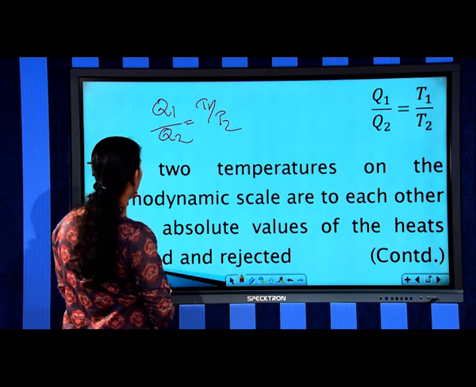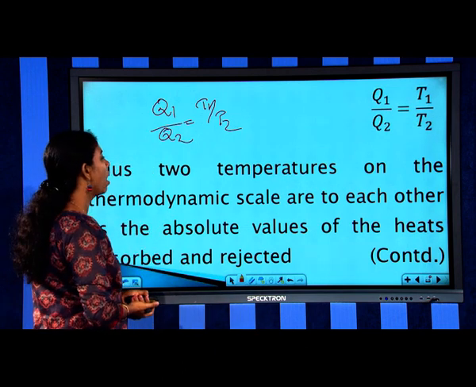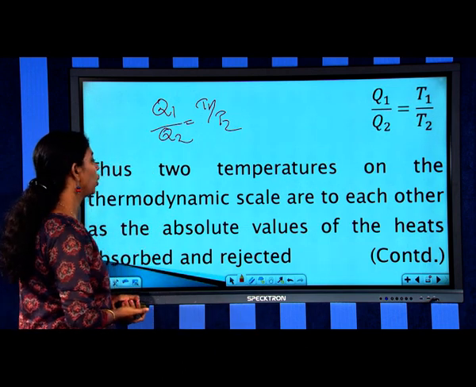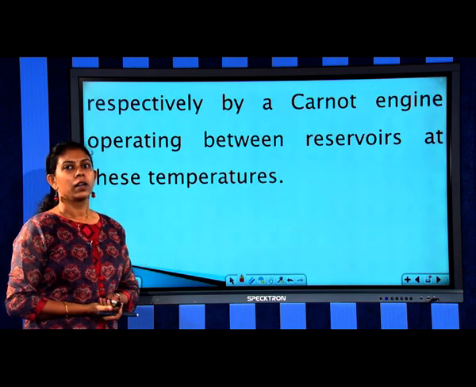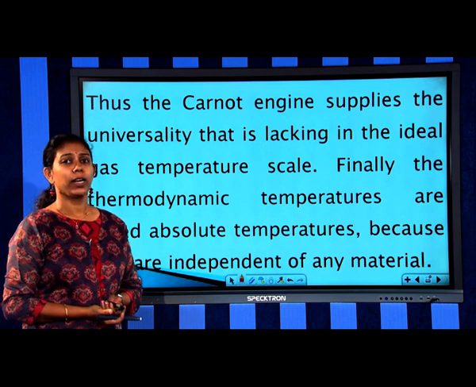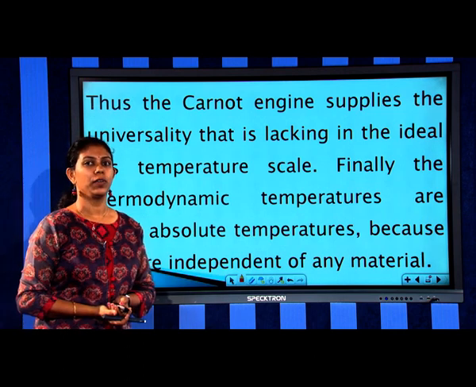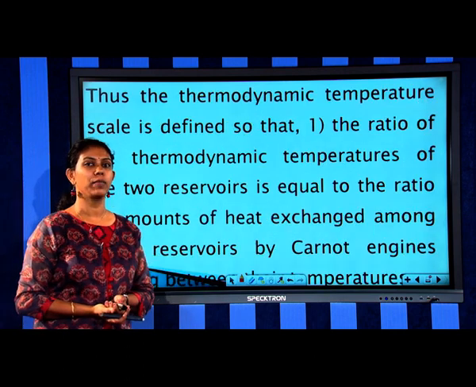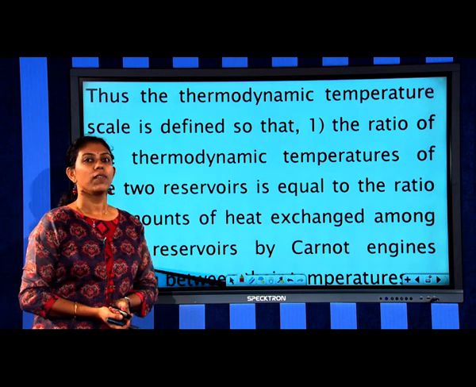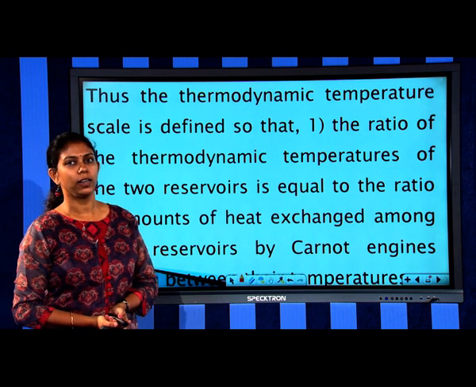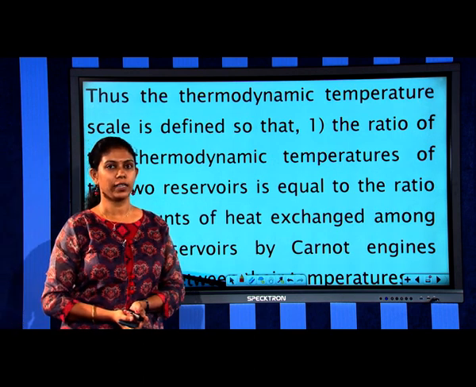Thus the temperatures on the thermodynamic scale are to each other as the absolute values of the heats absorbed and rejected, respectively, by a Carnot engine operating between reservoirs at those temperatures. Thus the Carnot engine supplies the universality that is lacking in the ideal gas temperature scale.